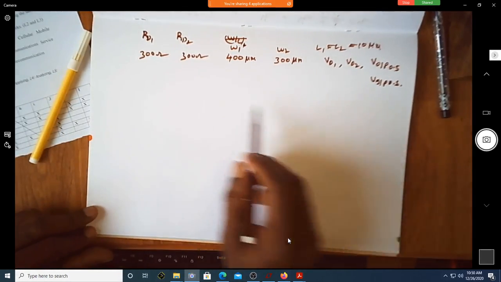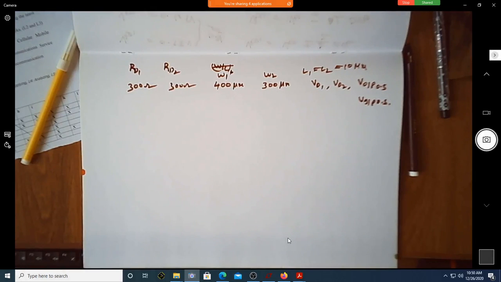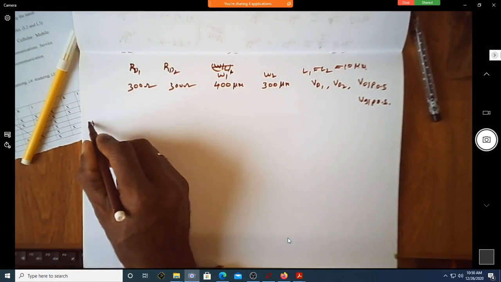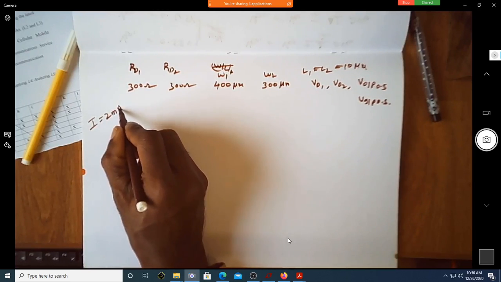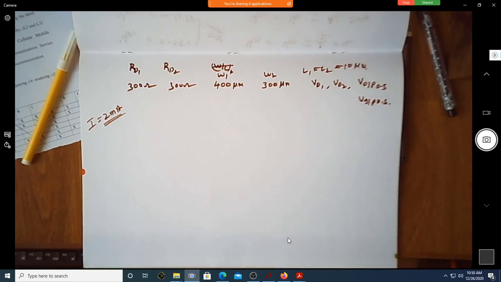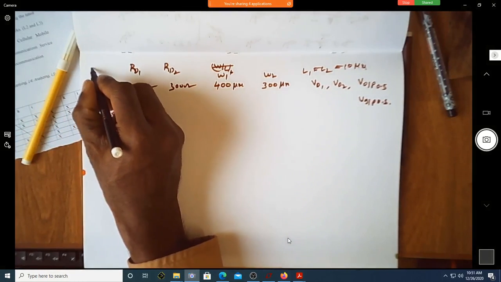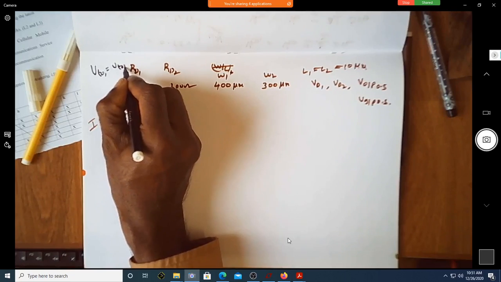Assume Kp, or I, is equal to 2 milliampere. Let me make VTO 0.4. VTO1 is equal to VTO2 is equal to 0.4.